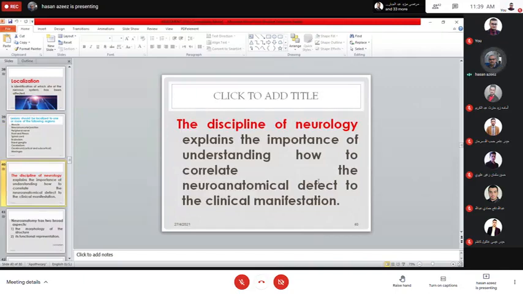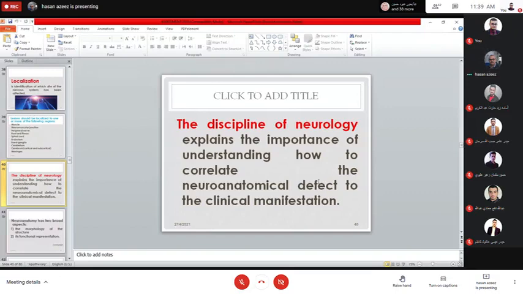The discipline of neurology explains the importance of understanding how to correlate the neuroanatomical defect with the clinical manifestation. Why do the meninges give meningeal irritation signs?